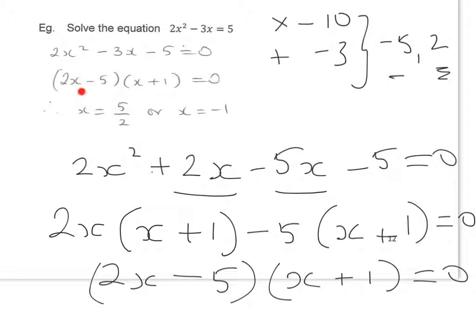Again, it's a product here, which means one of them or both of them has to equal 0, meaning 2x minus 5 being equal to 0. Solving the basic equation there, adding 5 and dividing by 2 gives me x equals 5 over 2, or 2.5. And if the second bracket was equal to 0, x has to be minus 1.